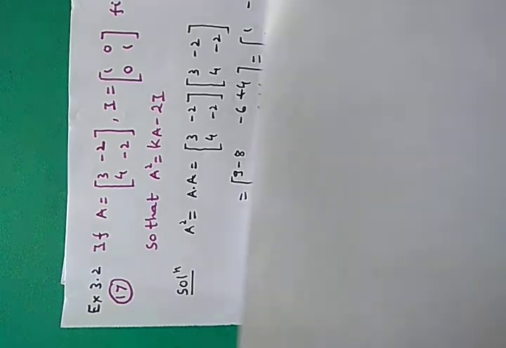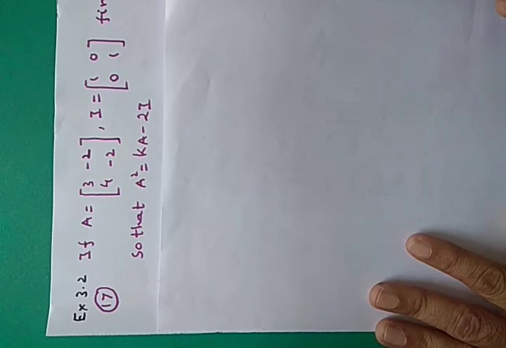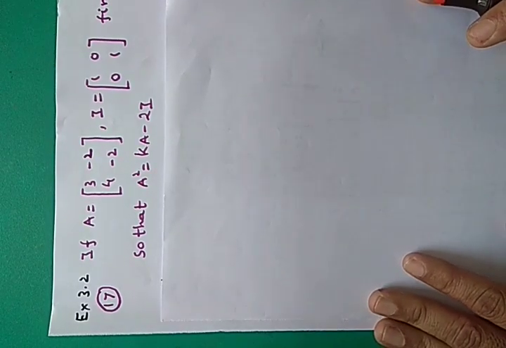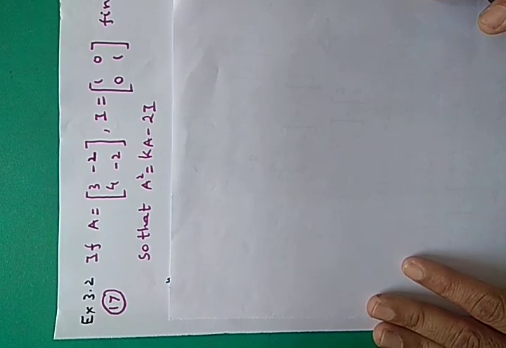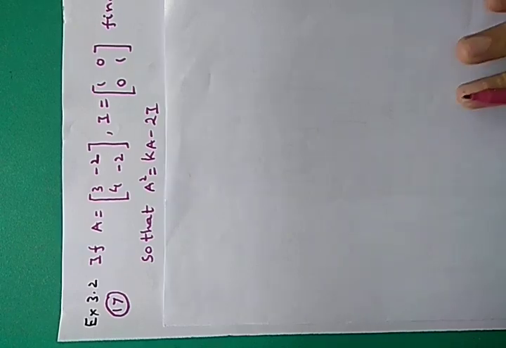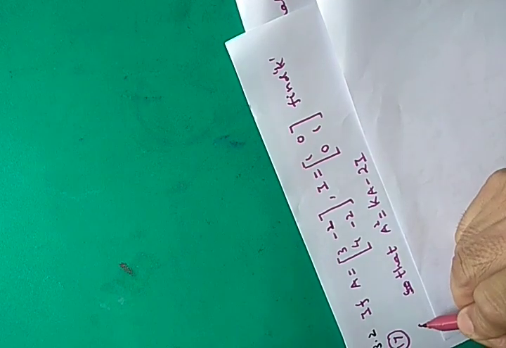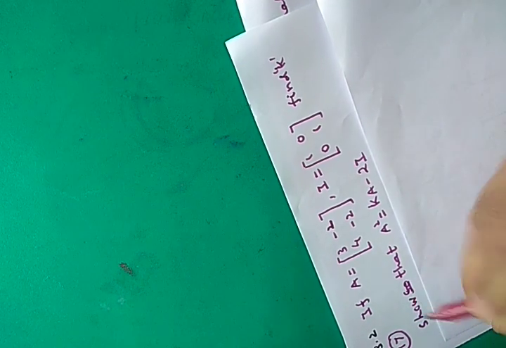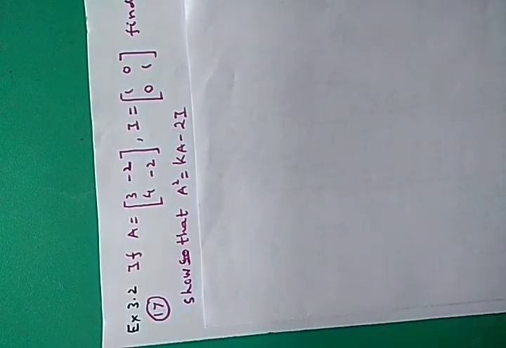The problem is, if matrix A is 3 minus 2, 4 minus 2 and I is the identity matrix, then you have to find K so that A square equals KA minus 2I.